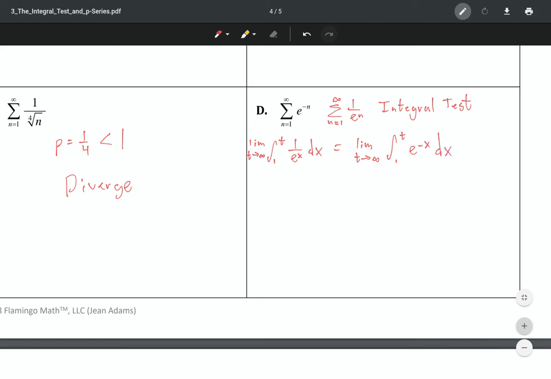And you can use u substitution where u is negative x and du is negative 1. So the antiderivative of that is just negative e to the negative x. Okay, so let's go ahead and plug that in here.